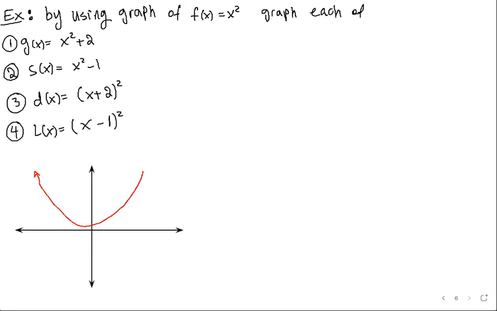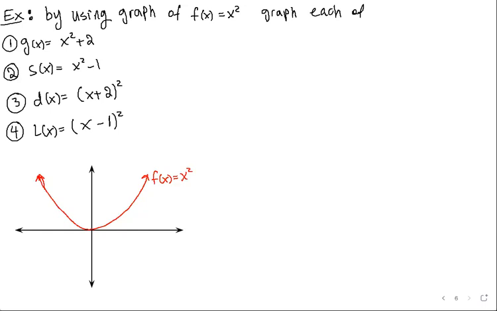So this is the graph of the function x square, the original function. This is f of x equal x square, the original one. Now the question asks me to graph g of x by using the function x square. So g of x equal x square plus 2. The 2 is outside the function, not inside like number 3.